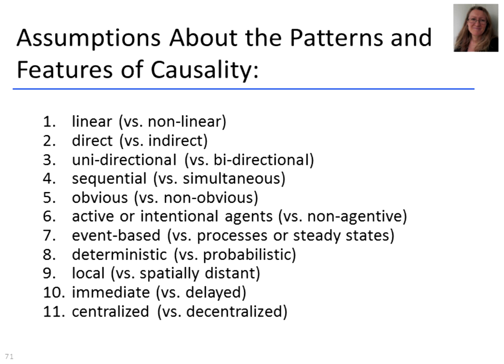One other thing I'm going to present is a list that I won't describe all of. This is really the key aspect of the research that we've been doing. We've been looking at how assumptions about patterns and features of causality can pull kids away from understanding science concepts deeply.